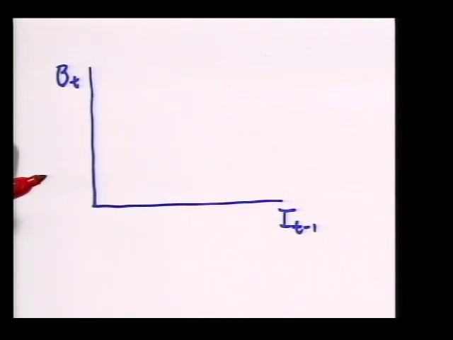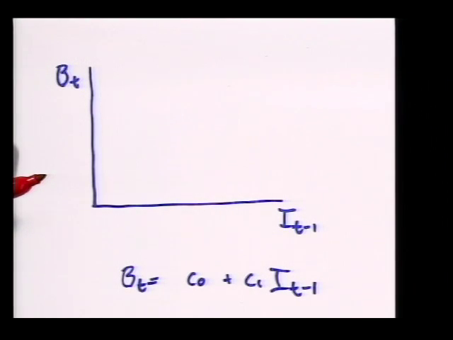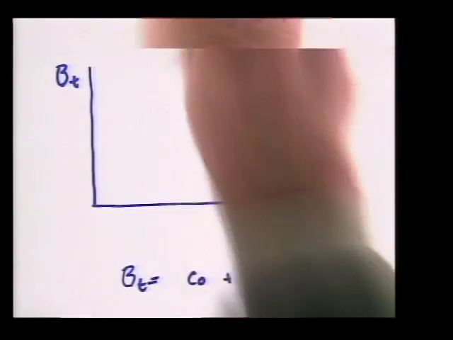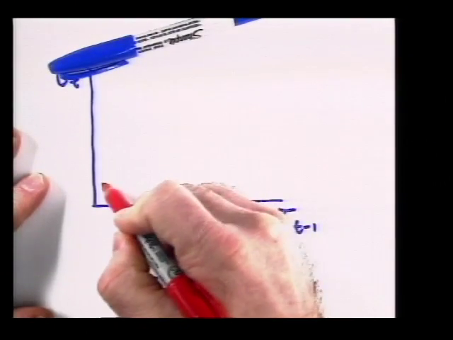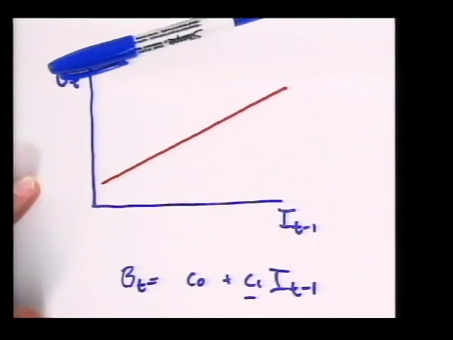Any ideas? Remember, the function was beta_t equals c0 plus c1 i_{t-1}. Straight line. Exactly. And who knows exactly what the line will look like? It depends upon the c0 and the c1. If we assume the c1 is positive, let's say, then our beta function is going to look like that, a straight line.